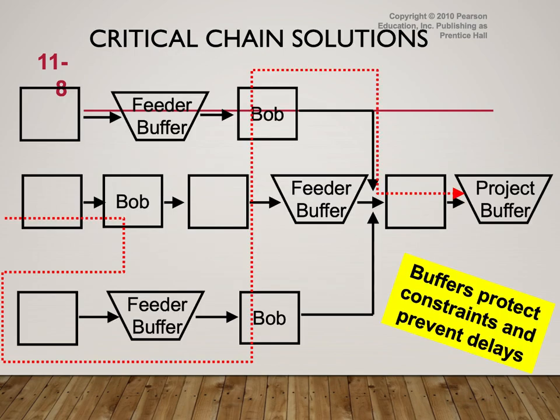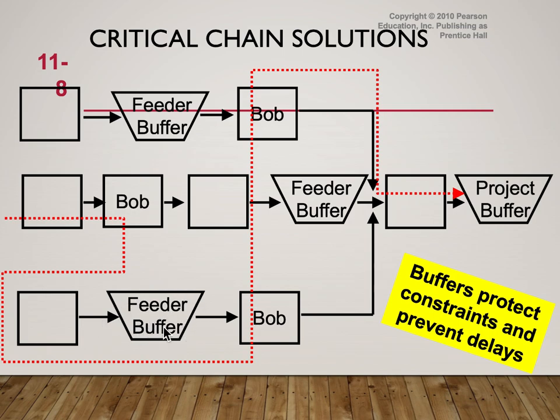So here we see a diagram on feeder buffer. This is used, for example, in manufacturing, where before it goes to Bob, in this case, there's a buffer to cushion it.